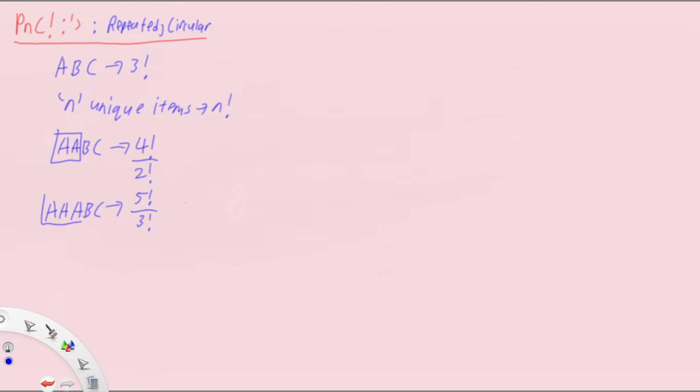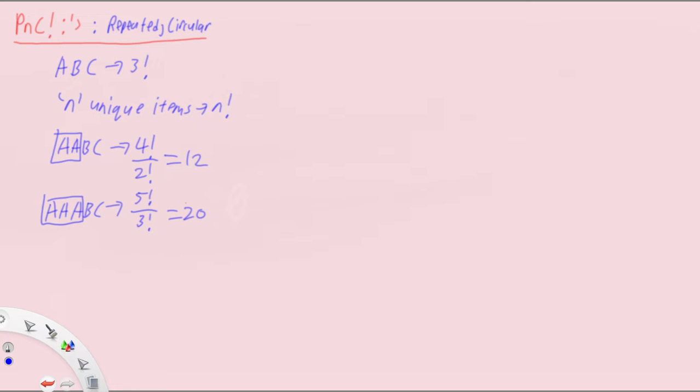The idea is that now the arrangement of A1, A2, A3 doesn't matter, so we need to divide by how we arrange them. So within here is 3 factorial, so we divide by 3 factorial. So 4 factorial divided by 2 factorial will give us 12, and 5 factorial divided by 3 factorial, which is 120 divided by 6, would give us 20, right? 5 factorial divided by 3 factorial is simply 4 times 5.